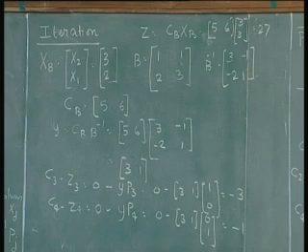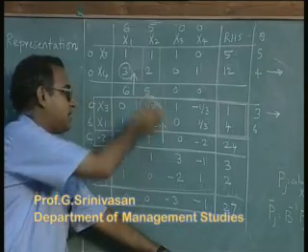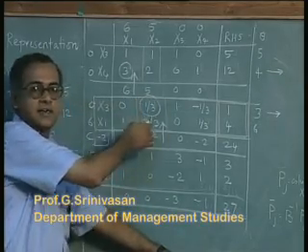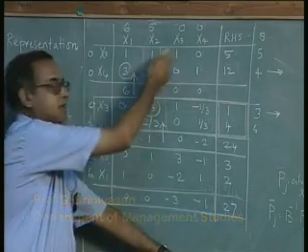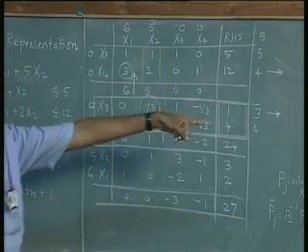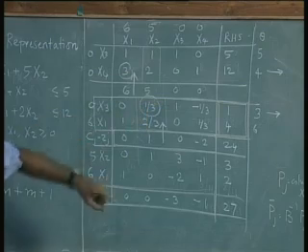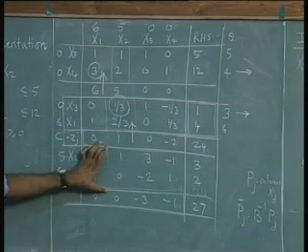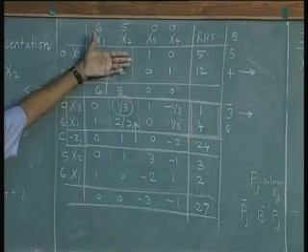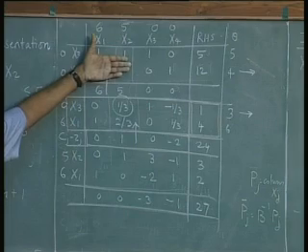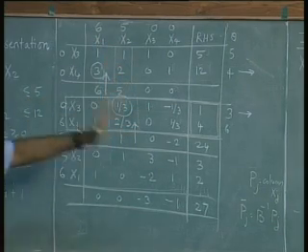In the normal simplex tableau, the way we created the simplex tables, every subsequent iteration was dependent only on the values of the previous iteration. We did not look at these values. Now, what we have done in the matrix method is, we have represented every iteration in terms of only the first table of the simplex, or in terms of the problem. That is one change that we have made.